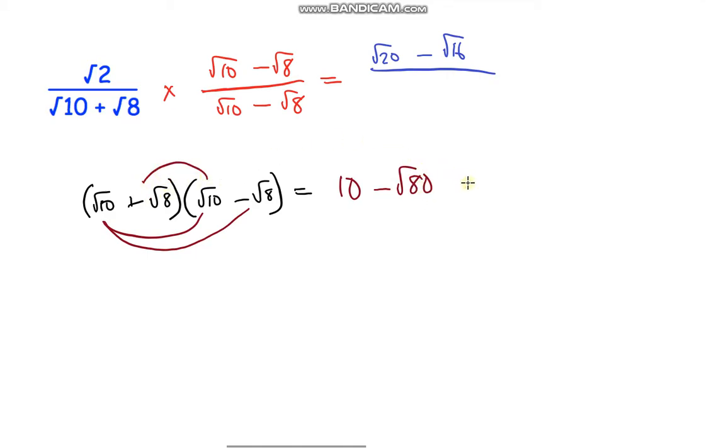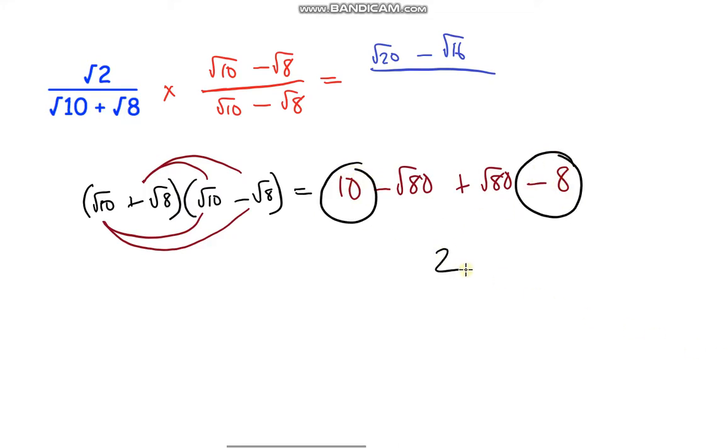Root 8 times root 10 is positive root 80. And again, these will cancel. If for some reason these won't cancel, you must have gone wrong somewhere. And then finally, root 8 times negative root 8 is negative 8. Okay, so we've got 10 subtract 8 is 2. And then those two will cancel. So we've got 2 in the denominator.